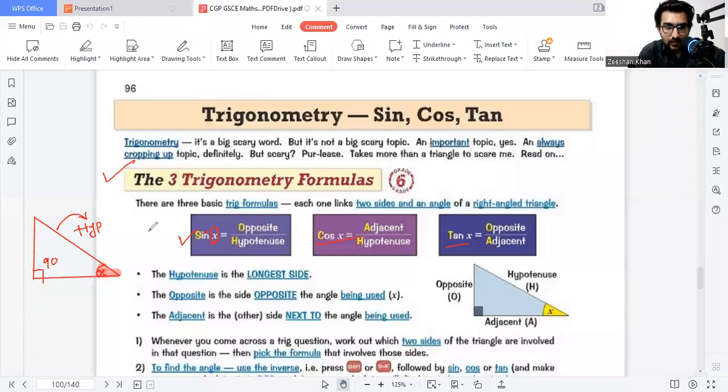Now, the side opposite to this angle is called opposite, as you can see from the name: opposite to the angle given in the triangle. So this side is called opposite, and the last one, which is left, is called adjacent.